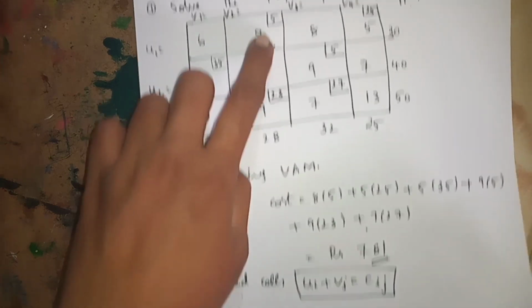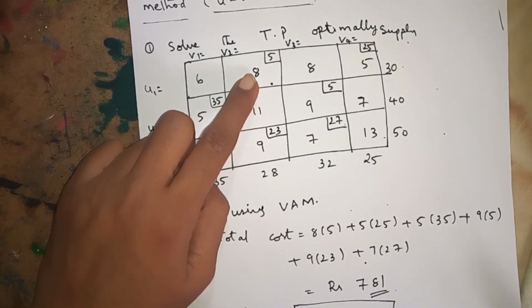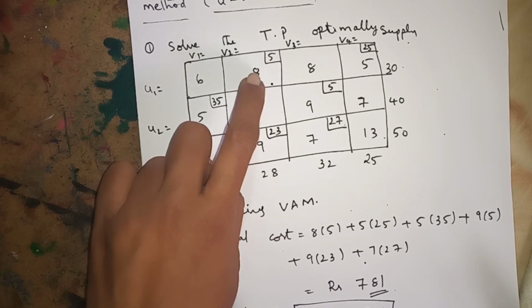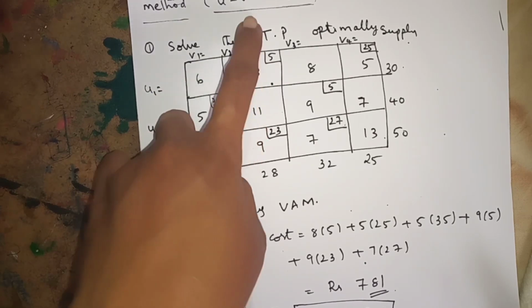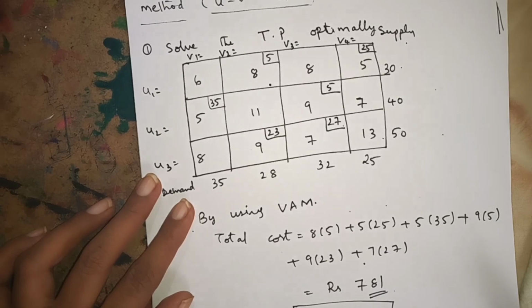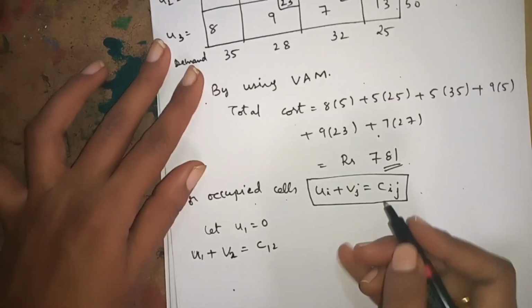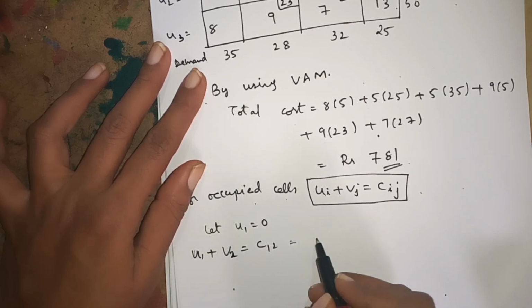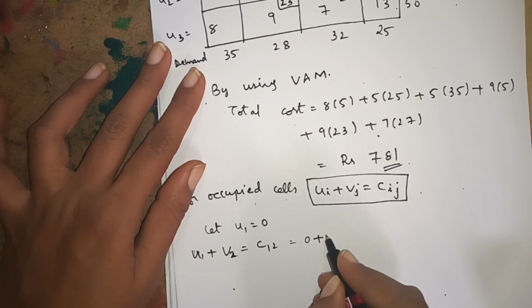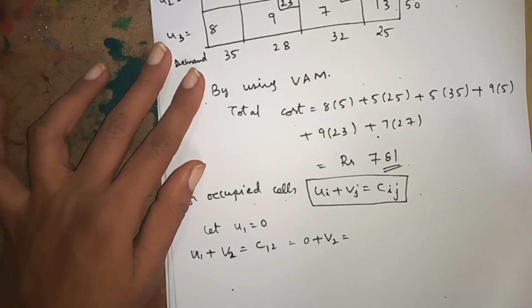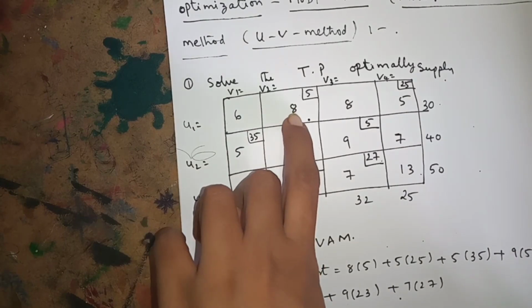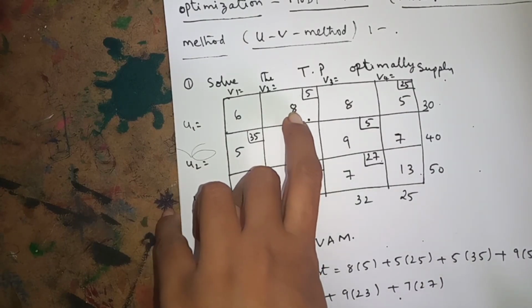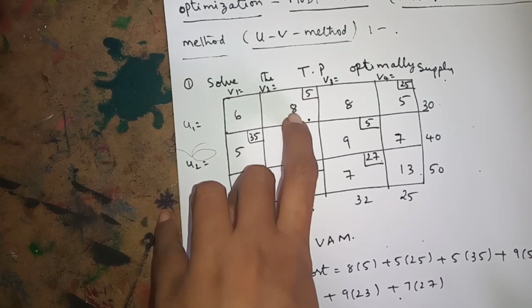Now this is an occupied cell, in the first row, second column. First row: U1 plus V2 is equal to C12. Ui plus Vj is equal to Cij. U1 is 0, plus V2, which we don't know, is equal to C12, the cost matrix element in the first row, second column, which is 8.